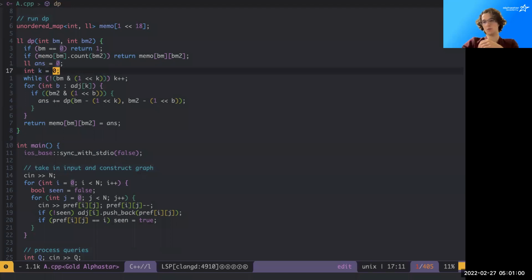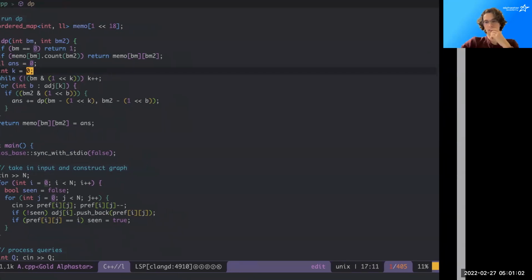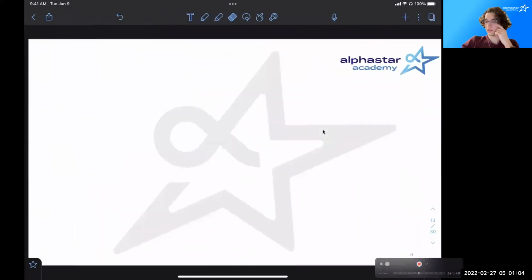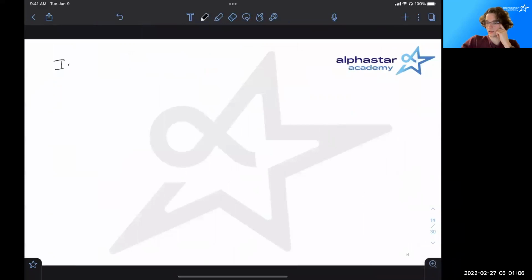Is there a way to combine them? Because we can do it for a single query: we can just keep track of K and the bit mask as a state.